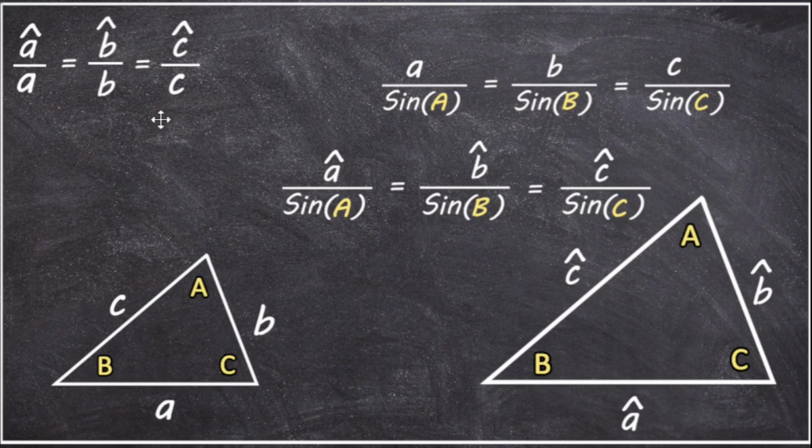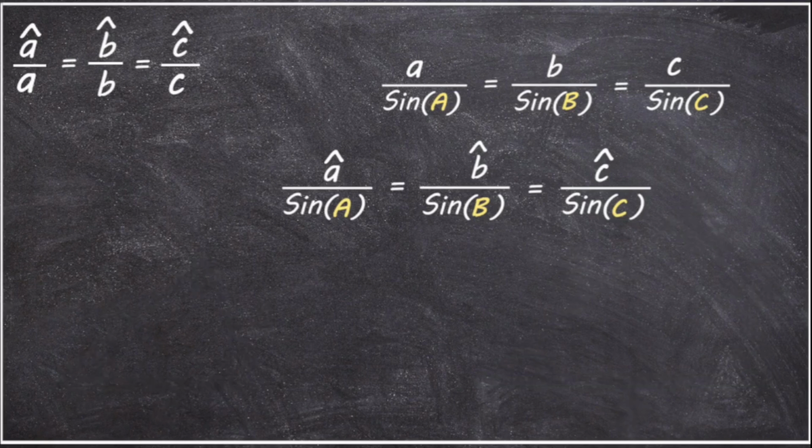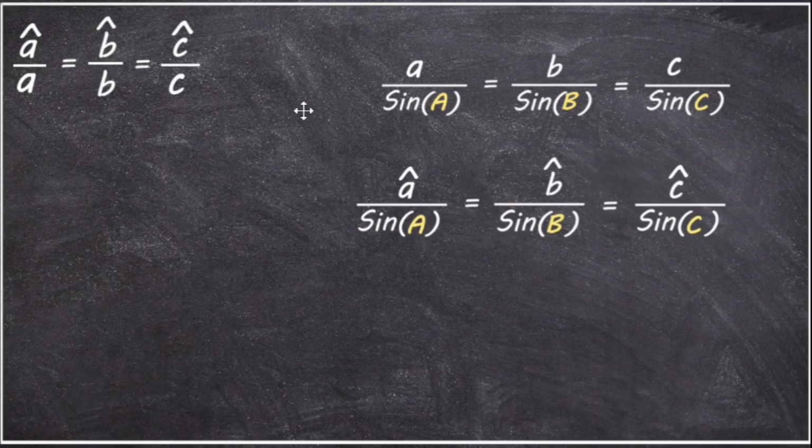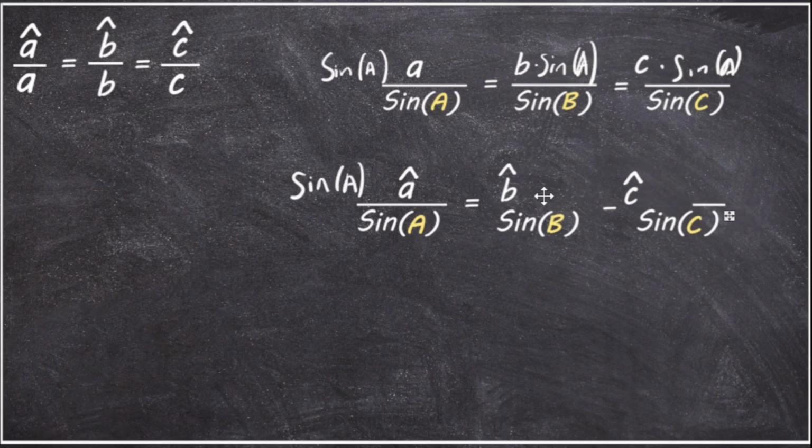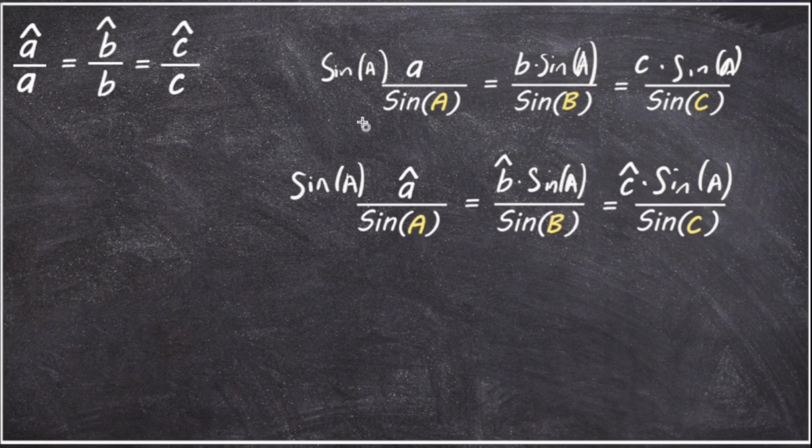Now since we have the equation representing the proportions and the sine rule for both triangles, and since we're only calculating values, let's hide the two triangles, and that gives us space to do some calculations. Now to get the sine rule equivalence of A hat and A, I'm going to multiply all parts of both equations by sine of A. And as you can see, in the first part of each equation, sine A cancels.